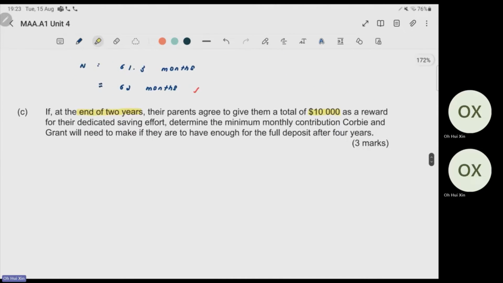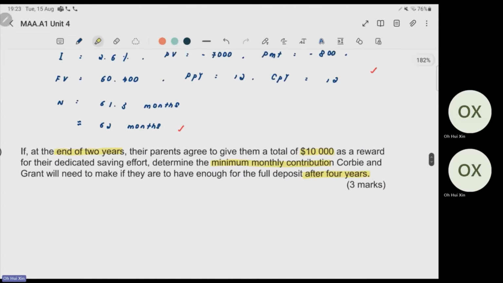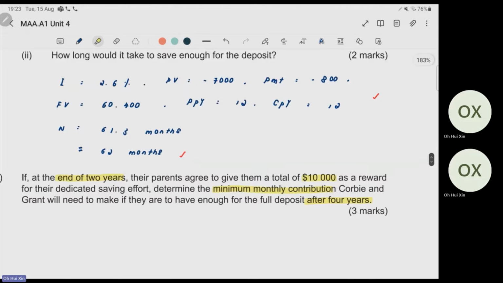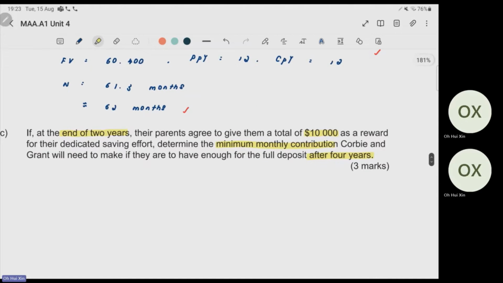The question says that they want to be able to save for the full deposit after 4 years, so find out the minimum monthly contribution, which means you are going to look at the same FV, which is 60,400, and you are finding the PMT if you want your N to become 24. So why 24? Because the 4 years is supposed to include the 2 years before the parents agree to give them a total of 10,000.